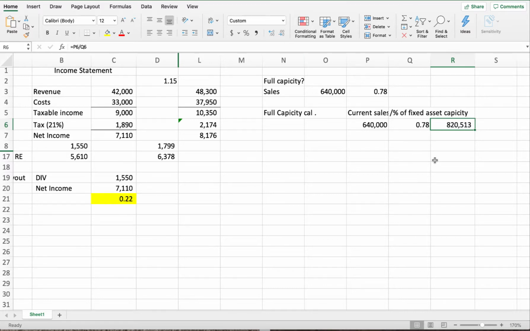Basically, what we're saying here is sales can grow to $820,513 before we need any more fixed assets. So how much can sales grow by? If we subtract the two, sales can grow by another $180,513 before we need to start buying some more fixed assets.